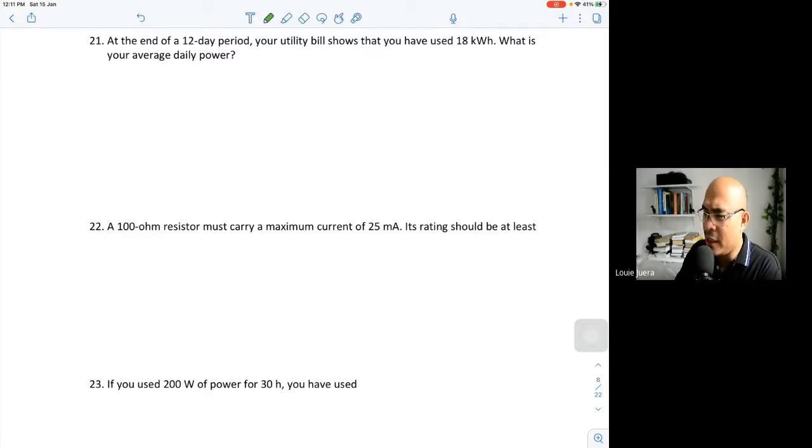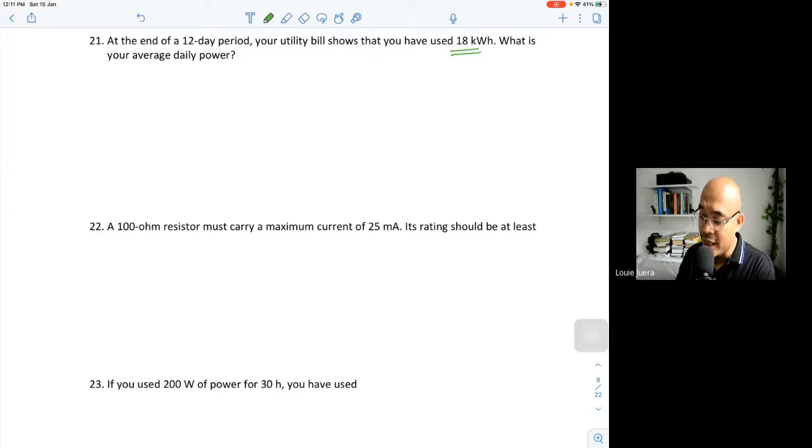For example, in problem number 21, at the end of the 12-day period, your utility bill shows that you used 18 kilowatt hours. What is your average daily power? Take note, guys, that for the average you just have to add day 1, day 2, day 3, day 4, day 5, and then divide by 12.